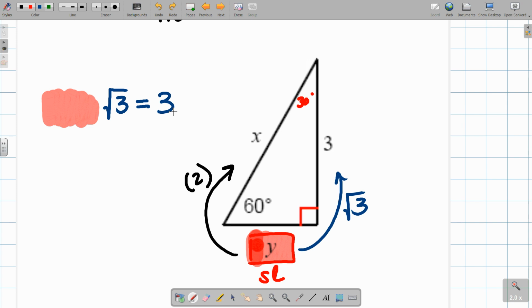I'm going to give you about 10 seconds to figure that something out completely on your own. Something times root 3 is 3. Ask yourself what goes in there.